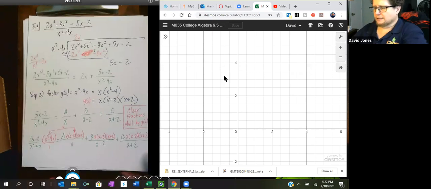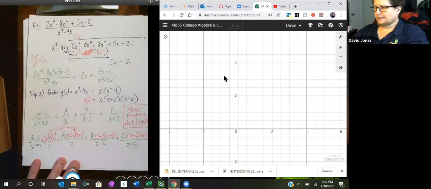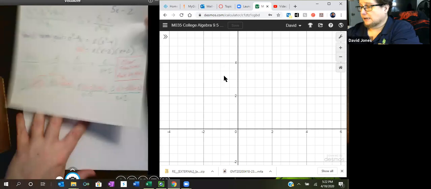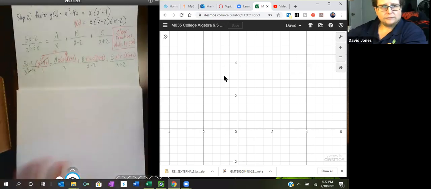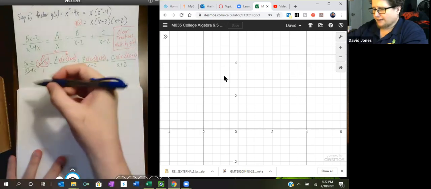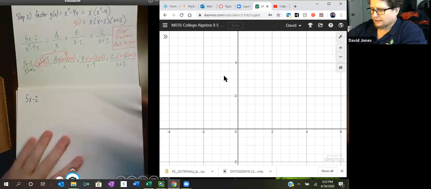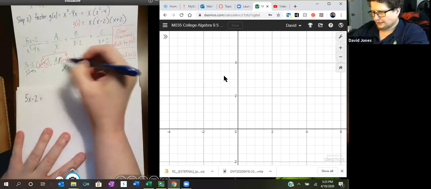What happens? X cubed minus 4x cancels out of there. I'm going to start this on the next page. So on the left side, I get 5x minus 2. And next I have x's cancel.